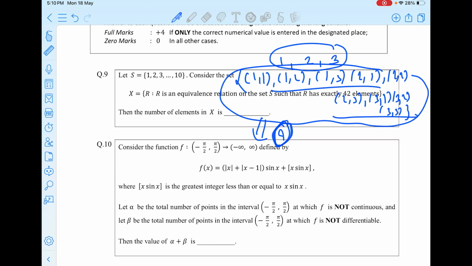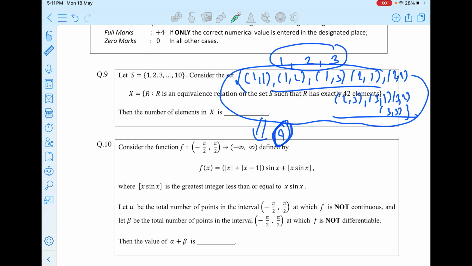So same thing you have to do here. You have total 10 elements, and the number of elements in the equivalence relation we want is 42. So we have to divide these 10 elements in such a way that the sum of squares becomes 42.